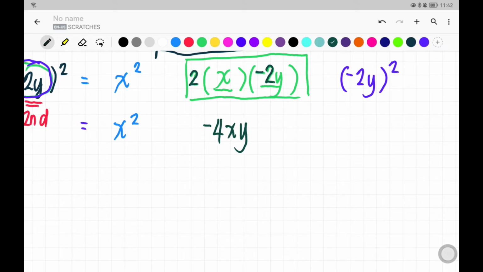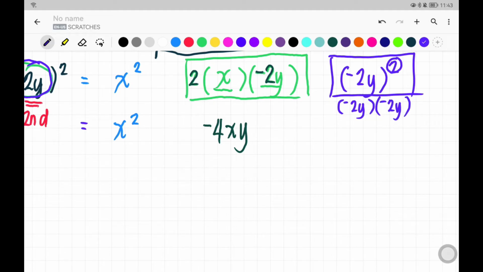And then, the next thing that you're going to do is that you have to solve for this one. Okay, to solve for this, you know that there is square. So, meaning, we just have to multiply negative 2y by itself. Okay, kasi diba, remember, the exponent tells how many times the base is to be multiplied by itself, and the base here is ito mismo. Right? So, ngayon, ano magiging answer natin dito?